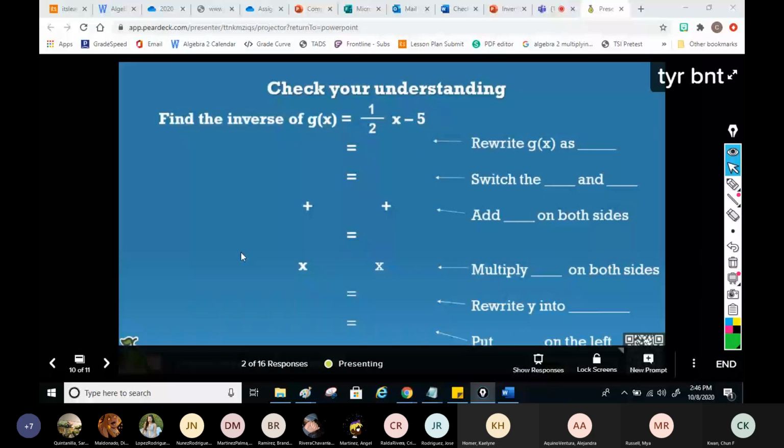Go to Peer Deck and then work on this problem right here in front of you.